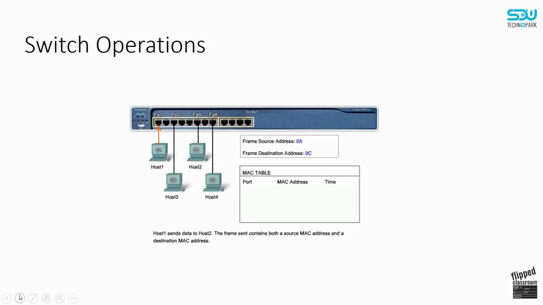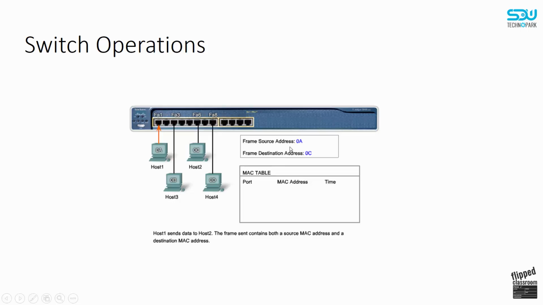And when computer A or host 1 starts to communicate with, for example, host 2, host 1 sends a frame in which we have a source MAC address and a destination MAC address.